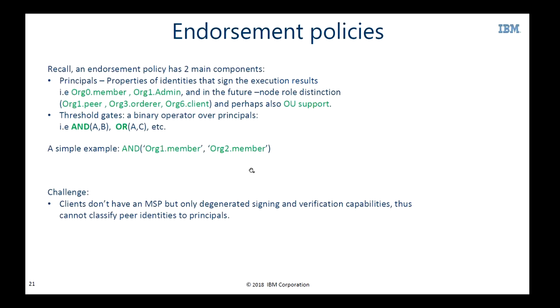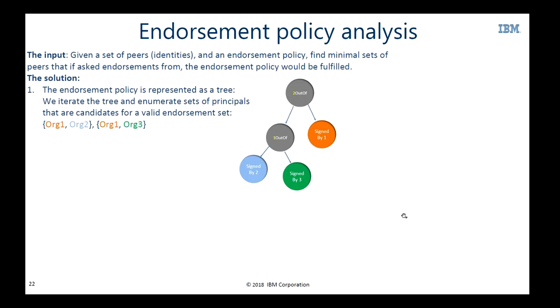Also, even if you have the code, you also need to prime the MSP instance with the configuration, etc. So the service discovery is going to do an analysis of the endorsement policy, and from this analysis, it is going to build that descriptor that I showed you before that is given to the client.